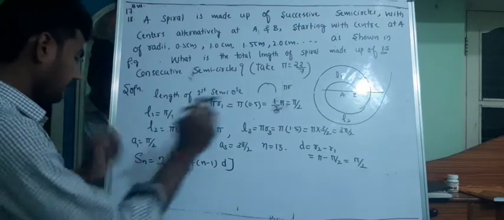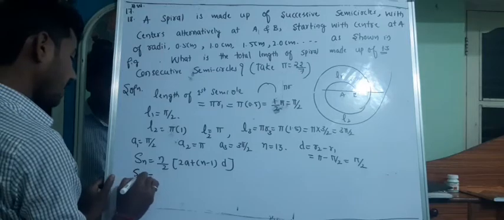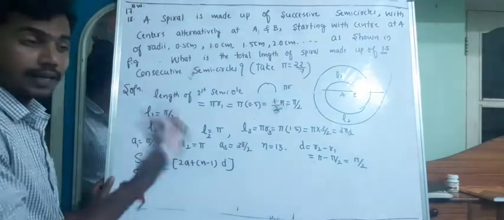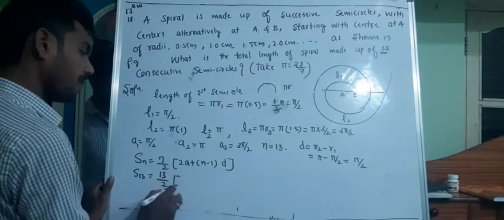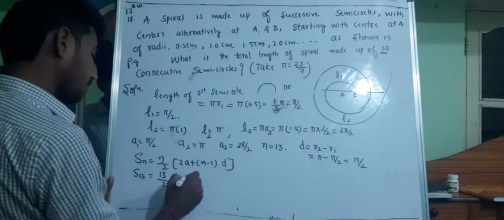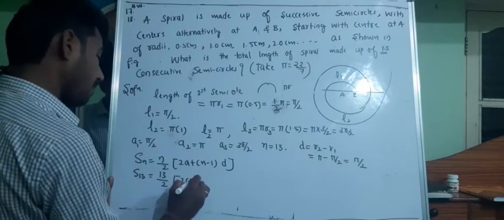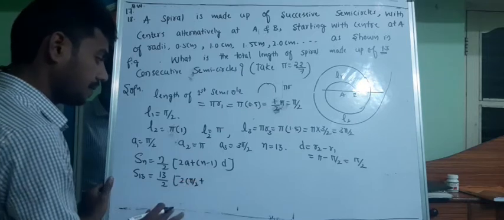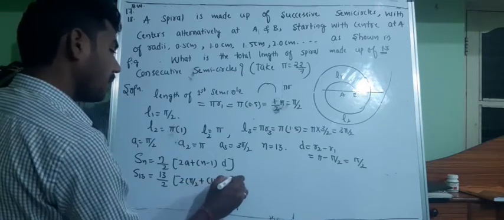Now, what is S13? We need to calculate the length of 13 semicircles. N is equal to 13, divided by 2, into 2 into, what is A? A is pi by 2, plus, what is N? 13 minus 1 into, what is D?